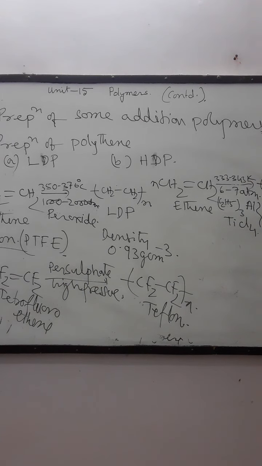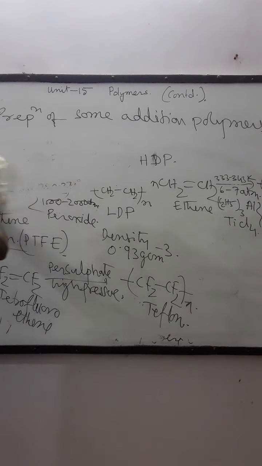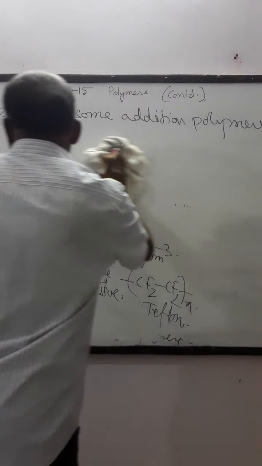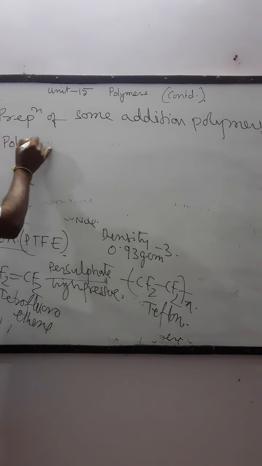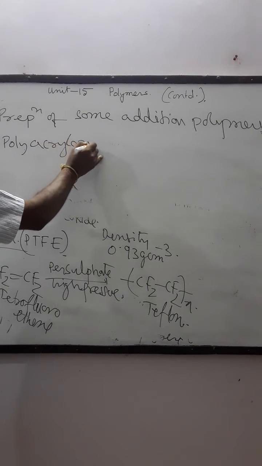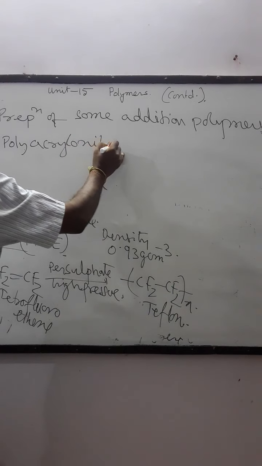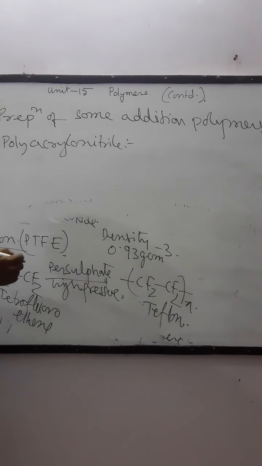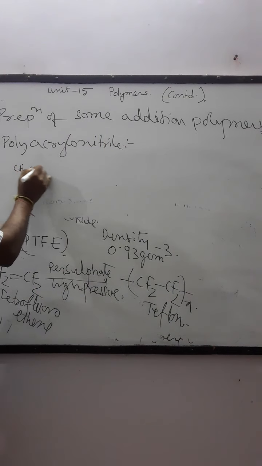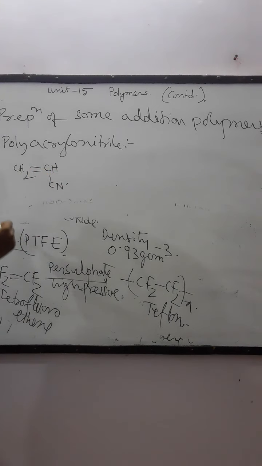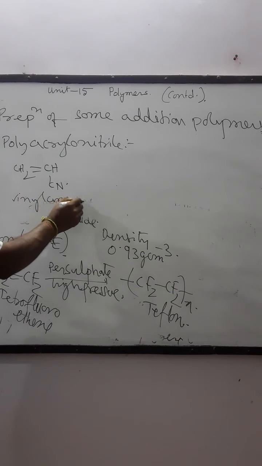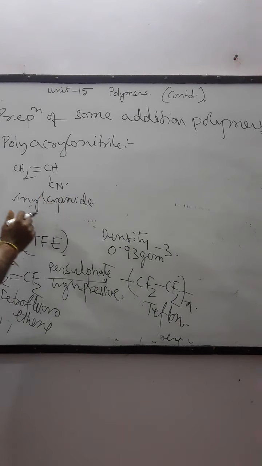Our last compound is polyacrylonitrile. For the preparation of polyacrylonitrile, the monomeric unit is vinyl cyanide, also known as acrylonitrile.